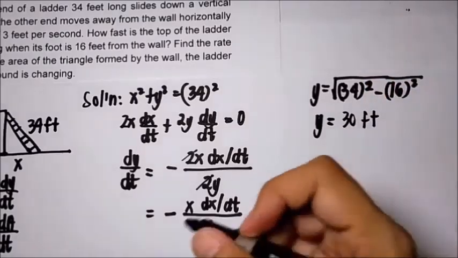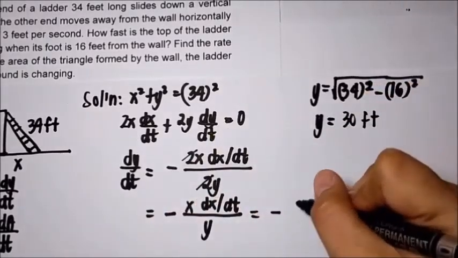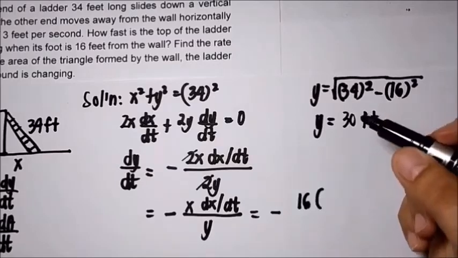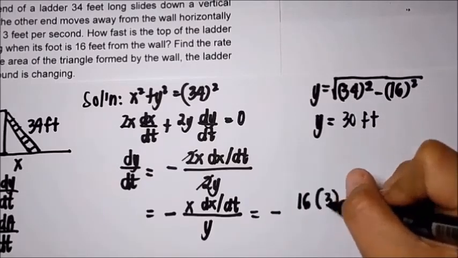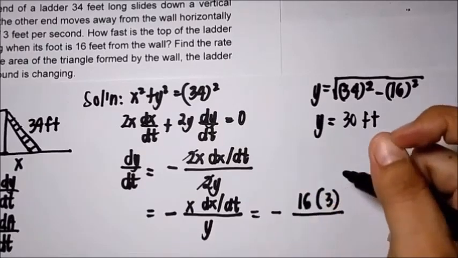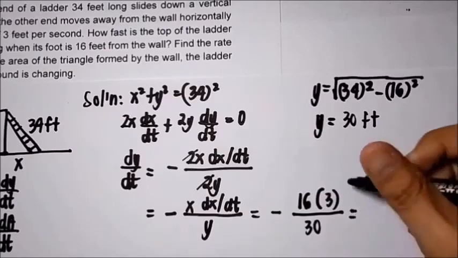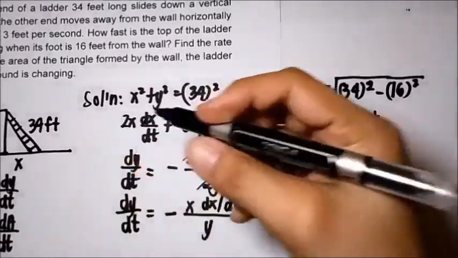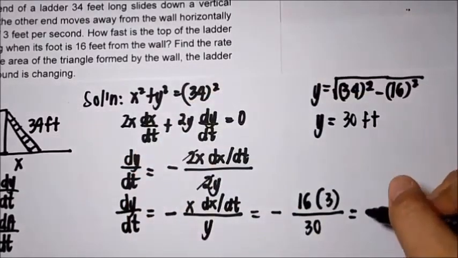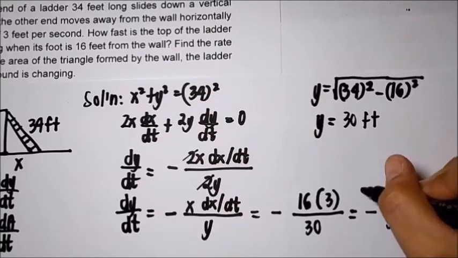Let's substitute that. Negative x, which is 16, dx over dt is given as 3 feet per second, and the value of y is 30 feet. Solving for this, we get dy over dt, and the value of that is negative 8 over 5 feet per second.